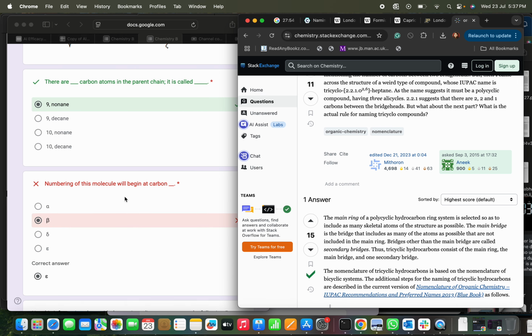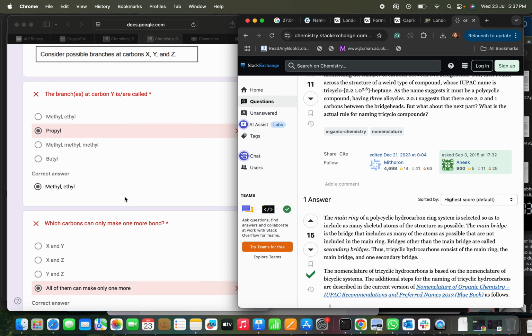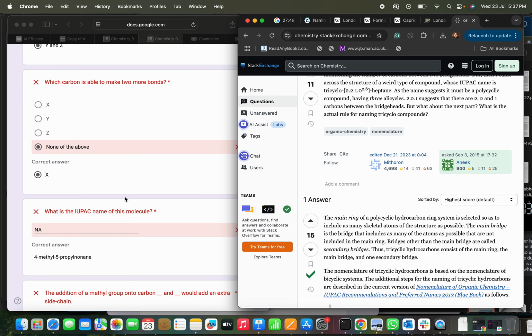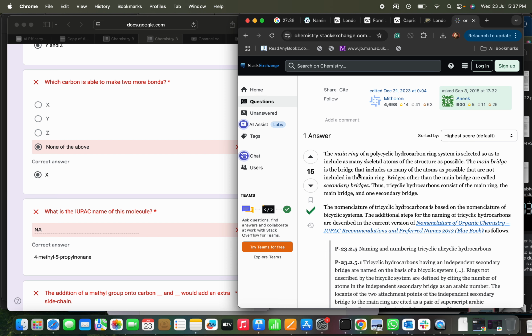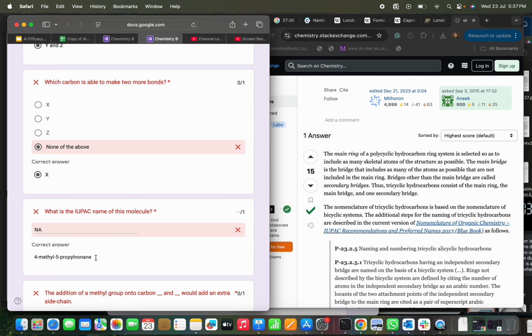What's the name of this compound? The main bridge is the bridge. Let's add this name.